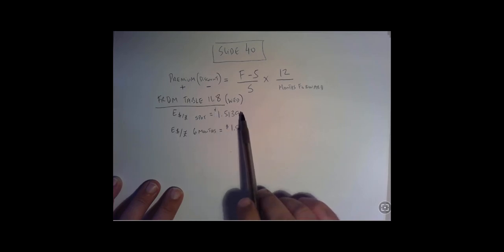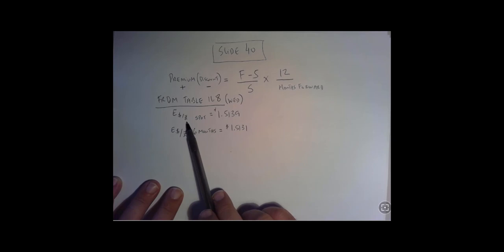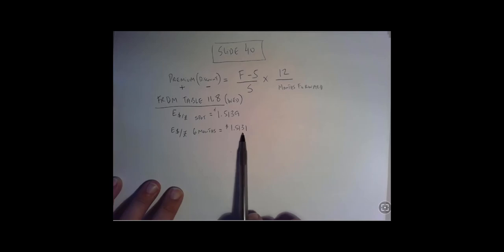From table 11.8, looking at the codes from Wednesday, you are given that the spot rate for dollars per pound is 1.5139. Whereas if you want to buy the 6-month forward contract, a future contract or an options contract, the code associated with it is $1.5131 per pound. So how would we use the formula?